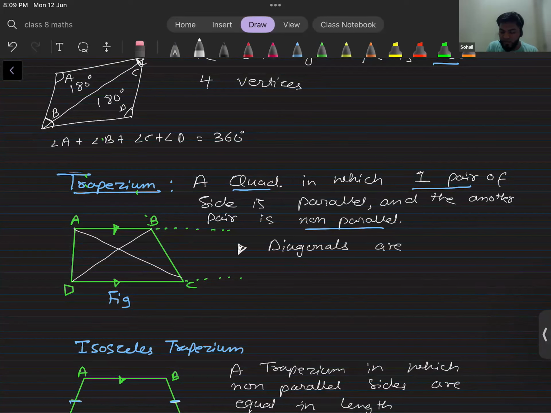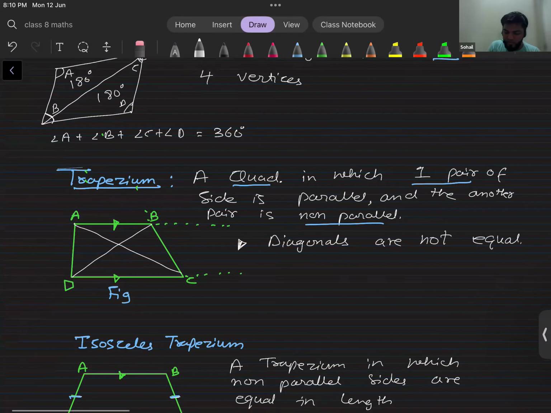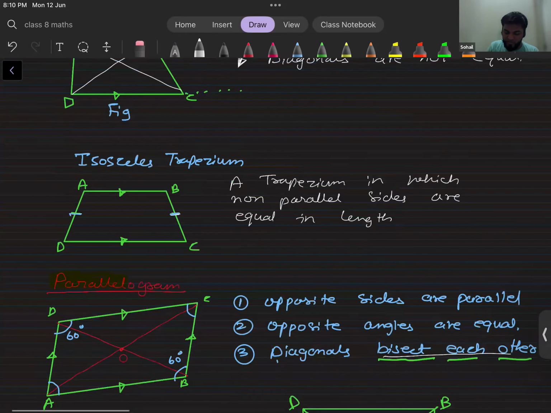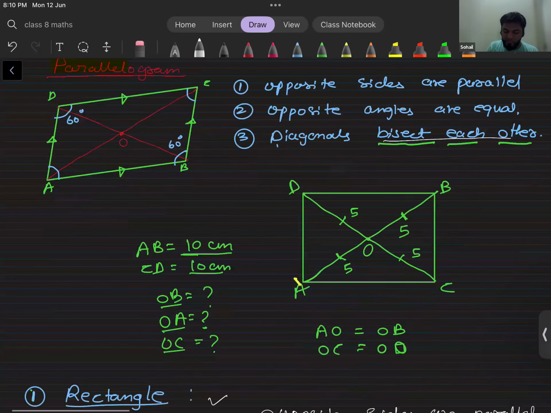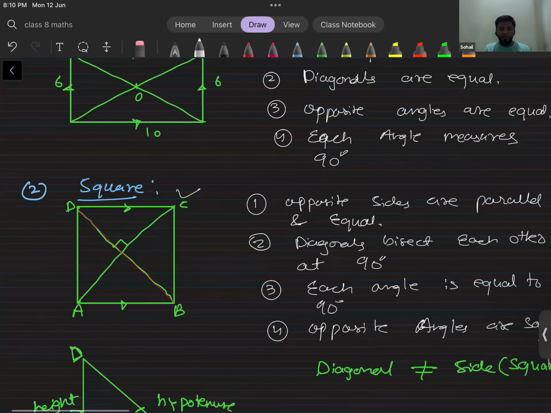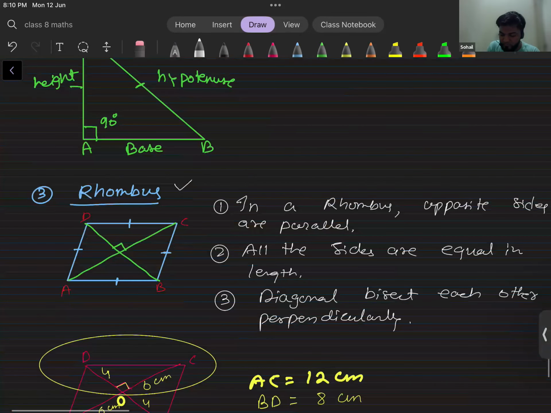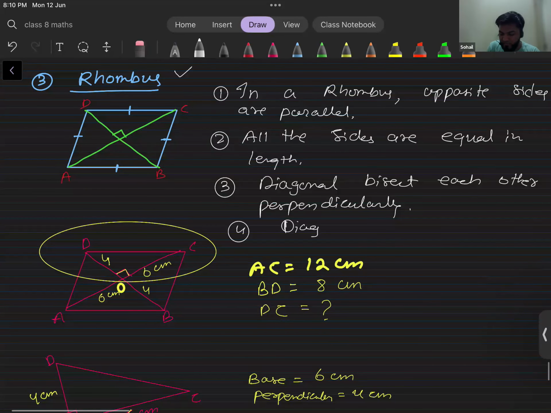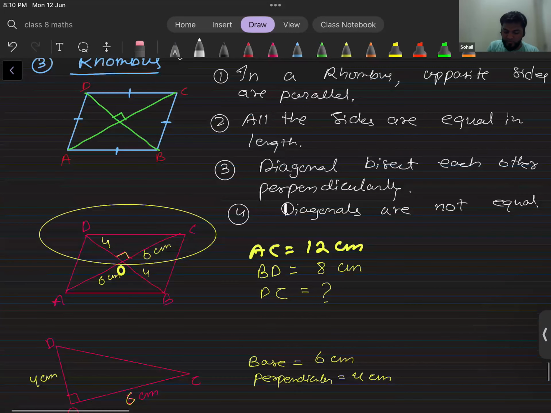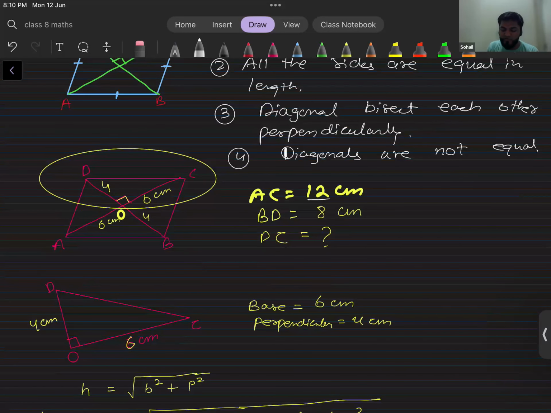Also in a rhombus, the diagonals need not be equal, like the question we just saw. One is 12 centimeters in length, one is 8 centimeters.